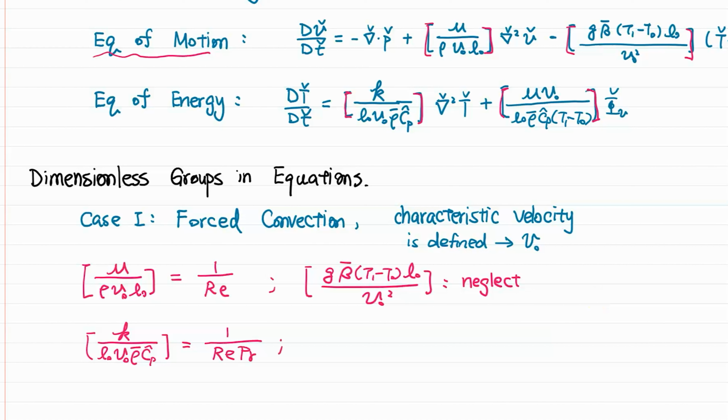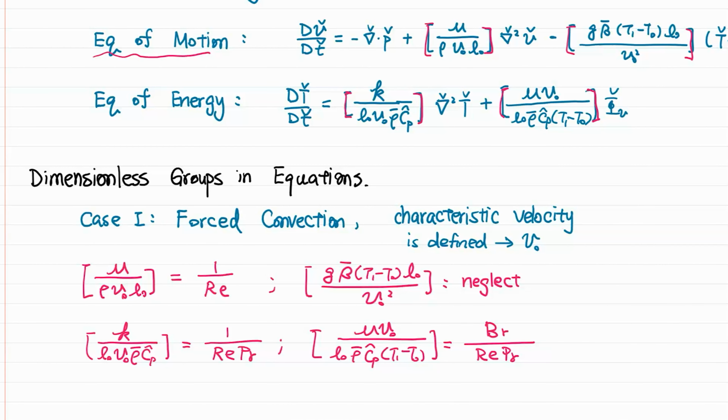And finally, the last term, which is mu V0 over L0 rho Cp (T1 minus T0), actually equals the Brinkman number over the product of the Reynolds number and the Prandtl number.